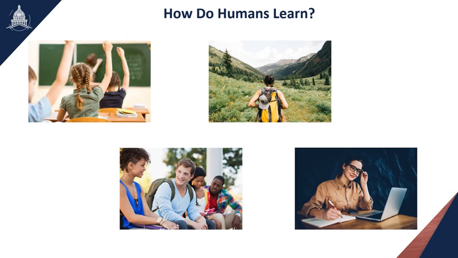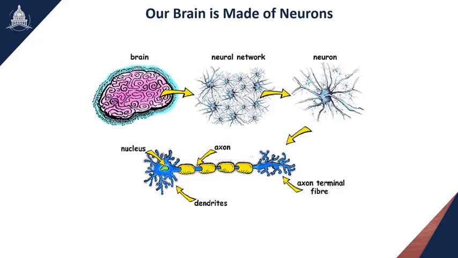At the core of all of this learning, there is one essential element, which is the brain. Our brain functions as a dense network of fiber pathways consisting of 100 billion neurons, and it is through the network of those neurons that we learn as humans.